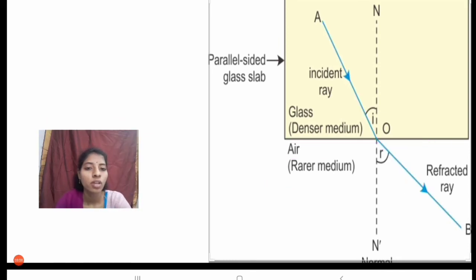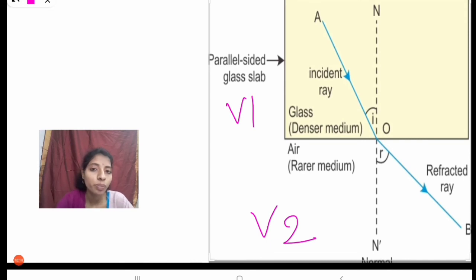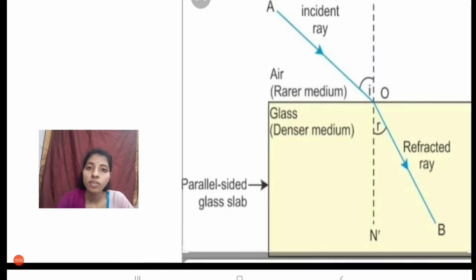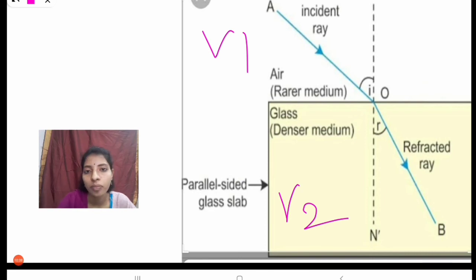So see here, take medium 1 as V1 and medium 2 as V2. Now in which medium will the speed of the light be more? Here V1 is the denser medium, now V2 is the rarer medium. See here, in the before picture, V1 is the air medium, V2 is the glass medium.